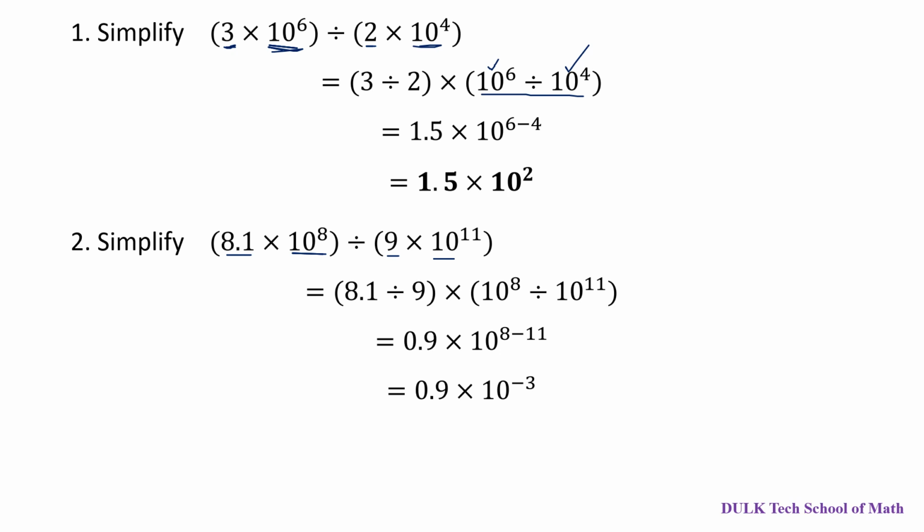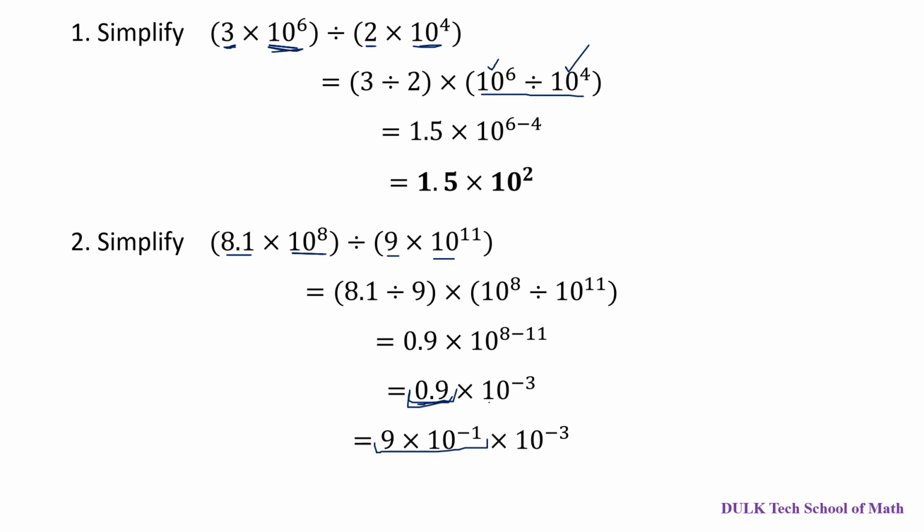Then from there, this 0.9 is not between 1 and 10, so let's express this number in standard form. 0.9 in standard form is the same as 9 times 10 to the power minus 1. So instead of writing 0.9, we are now writing 9 times 10 to the power minus 1, the whole of which is 0.9.